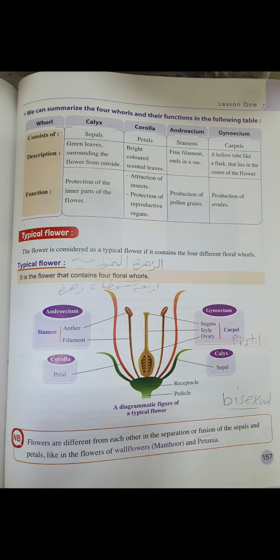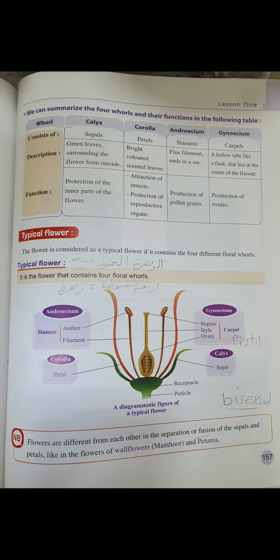Corolla has bright, colored, scented leaves. Androecium consists of a group of stamens, each having a filament and anther. Gynoecium consists of hollow flask-like units called carpels that lie in the center of the flower, and it is the female organ.